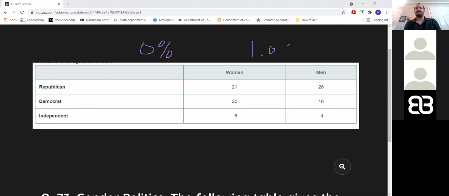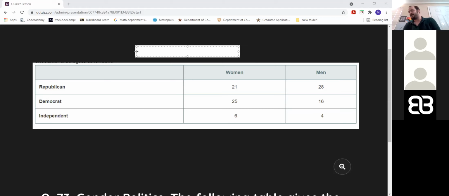This is a 1, this is a 100% chance. So we're doing basically the decimal equivalent of a percentage. It's what probability is. It's a percentage, but it's expressed as a decimal. Maybe a good way to think about it. And so it gives you the chances of something happening, right?